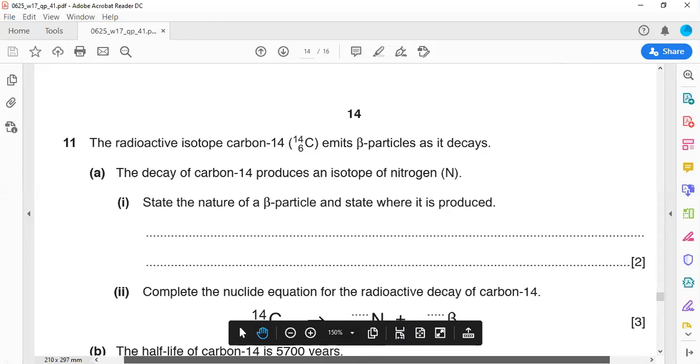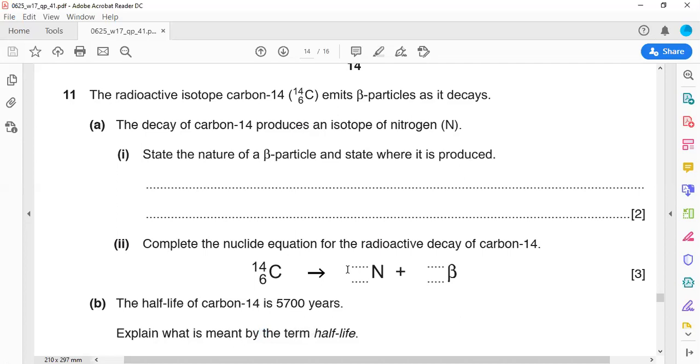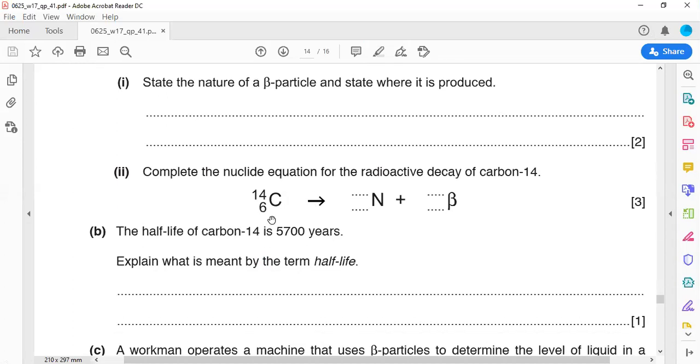The radioactive isotope carbon-14 emits beta particles as it decays. The decay of carbon-14 produces an isotope of nitrogen. State the nature of a beta particle and state where it is produced. We will do that next time. I only wanted to understand this part of the equation. Complete the nuclide equation for the radioactive decay of carbon-14.